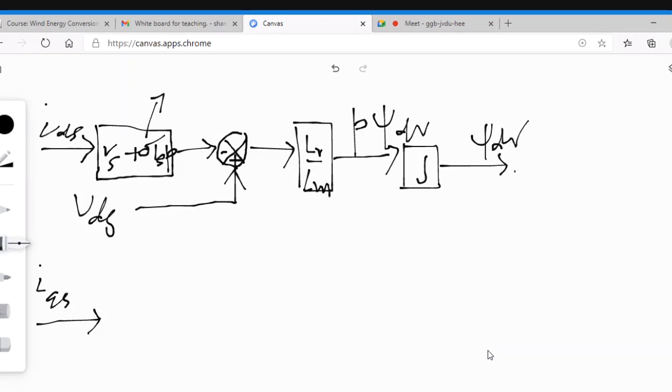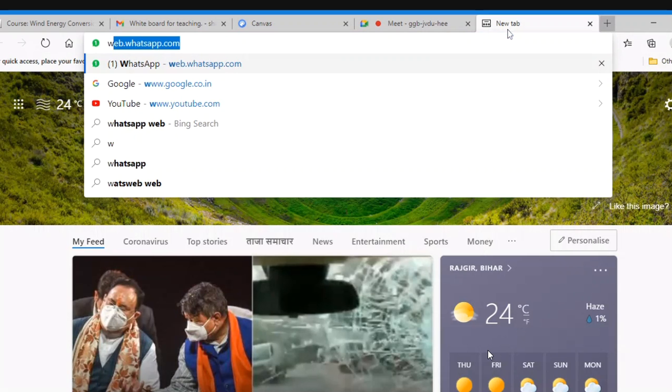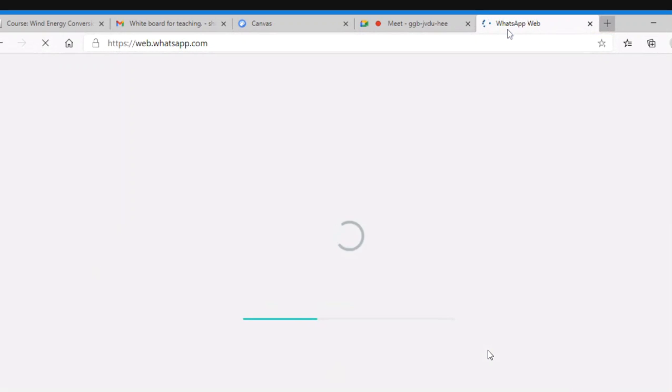So I can take a scan of it and then I can upload it. Let me just wait for 1 second. Let me upload this one. This one is a very bigger diagram.